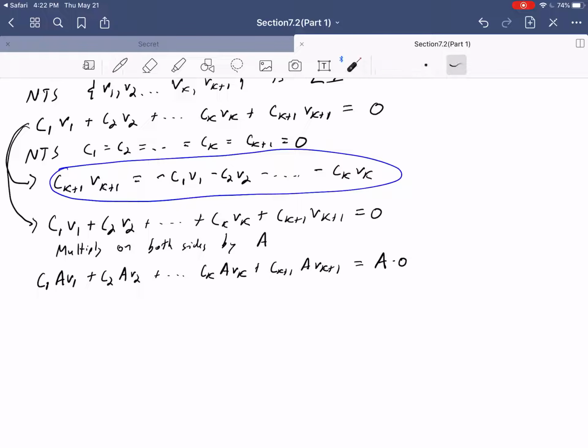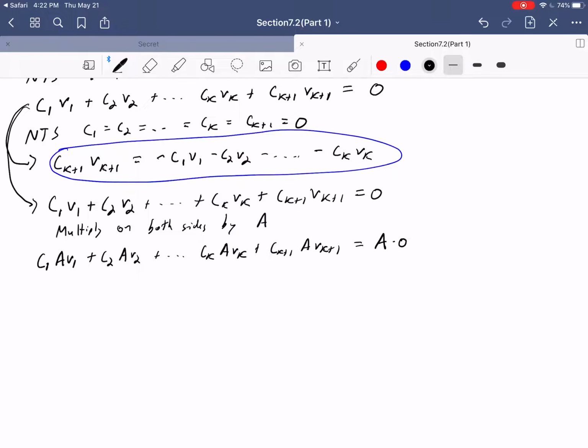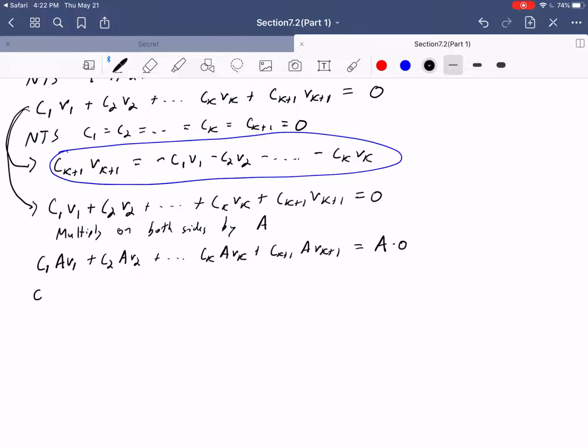Okay, now let's remember that each of these is an eigenvector. So when we do our matrix multiplication, that's equivalent to scalar multiplication by the corresponding eigenvalue. So this becomes c1 lambda 1 v1 plus c2 lambda 2 v2 plus ck lambda k vk plus ck plus 1 lambda k plus 1 vk plus 1. And of course, this is going to be the 0 vector over there.